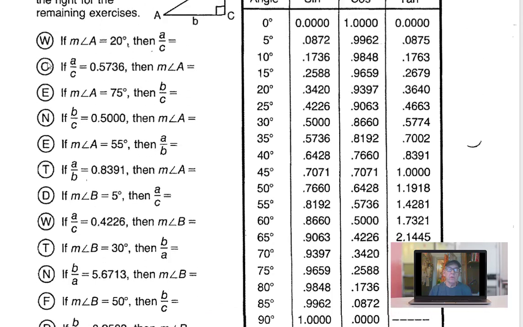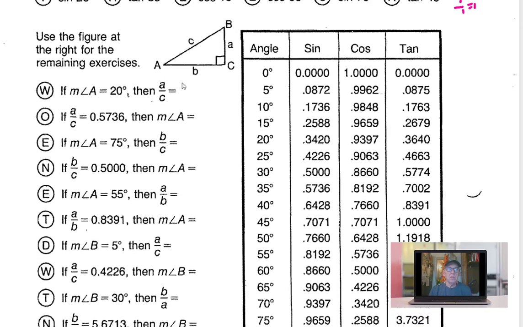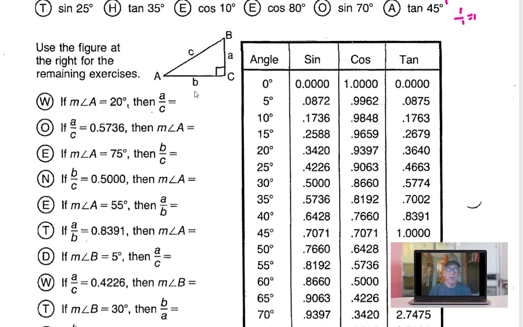Okay, so now we're down inside these. They want us to use this figure at the right. If the measure of angle A is 20 degrees, it's telling us the measure of angle A is 20 degrees. We're looking at 20 degrees, and it's talking about A over C. So here's our angle A, here's the hypotenuse. Let me label it.